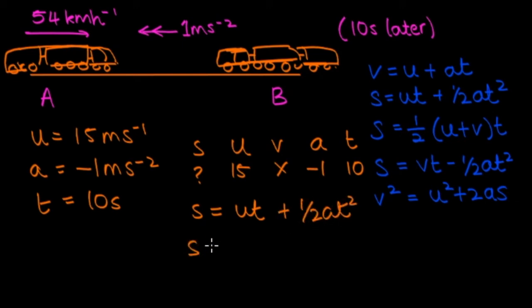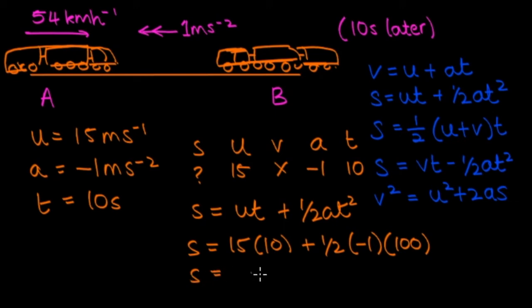So s is equal to 15 times 10 plus a half times a is -1, t is 10. So a half times -1 times 100. So s is equal to 150 minus 50. So the distance between A and B is 100 meters.